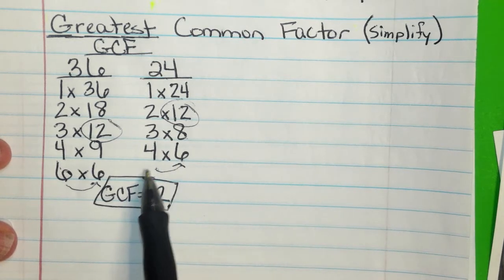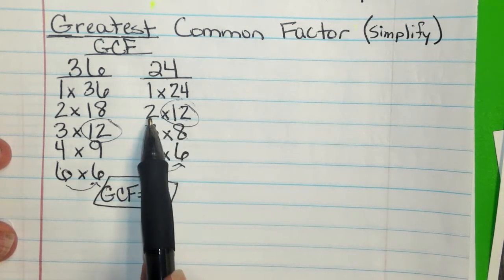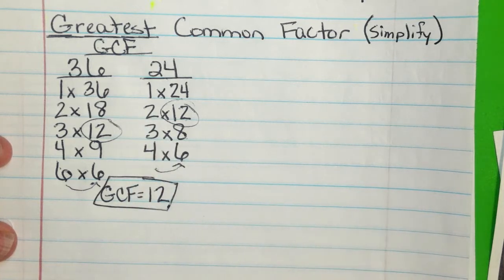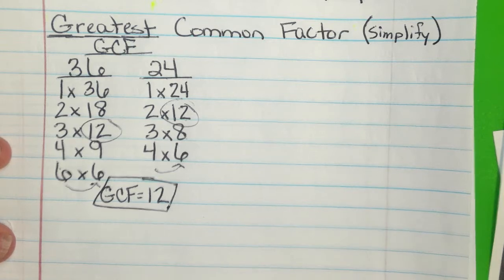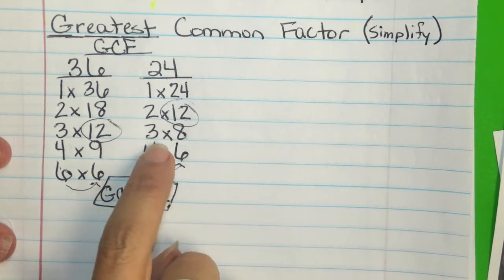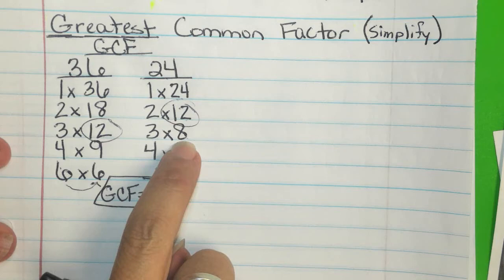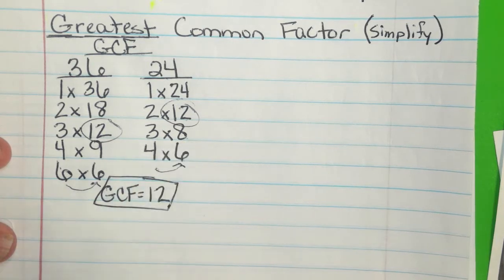Like 6 times 4, 8 times 3, 12 times 2. They're just flip-flopped. It's just all the numbers that equal that number. Okay? The key is you don't want to leave any out. Like you don't want to leave out 3 times 8 because it might be one of your answers.